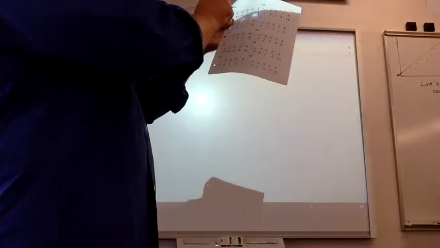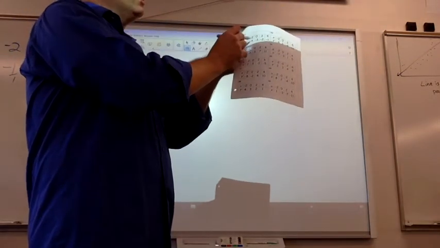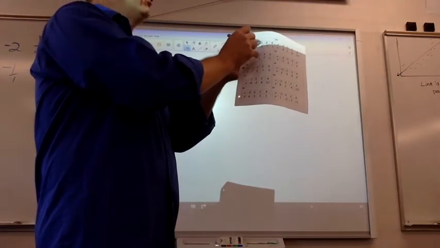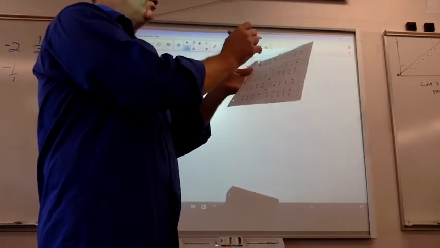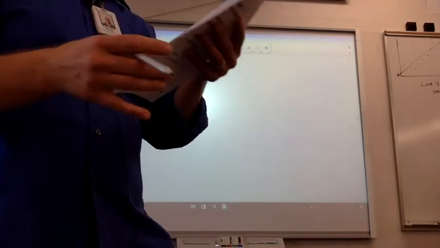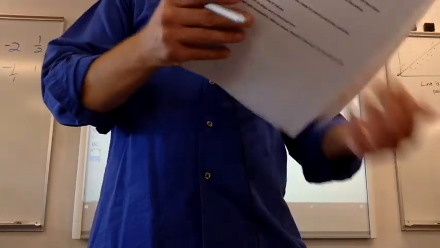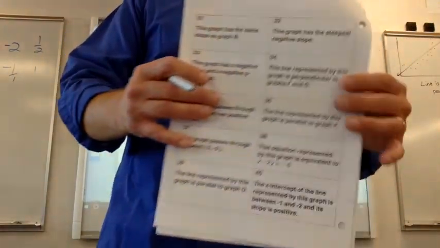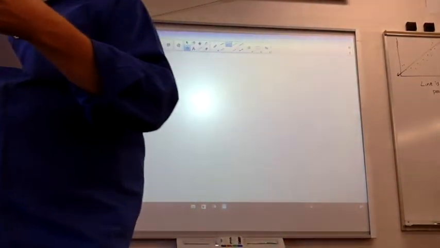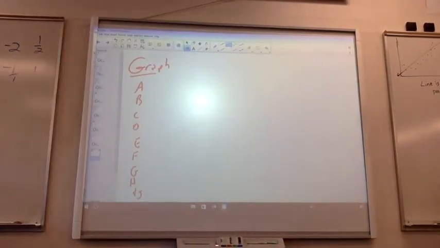Now, if it's a table, if you look at problem 21, -2 comma -4, 0 comma -3, 2 comma -2, 4 comma 1. That's going to match up. And then the very last page, 31 through 40, talks about the graph has the same slope as graph B. This graph has a negative slope and a negative y-intercept. So you have to match up all those.